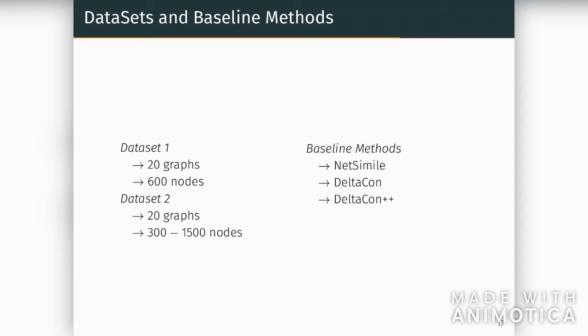We compare NetSimile++ with NetSimile, DeltaCon, and DeltaCon++. We chose to compare extended NetSimile not only with the extended DeltaCon, but also with our original versions in order to study if there's a downgrade on the speed and if this penalty is in favor of significantly more accurate results.